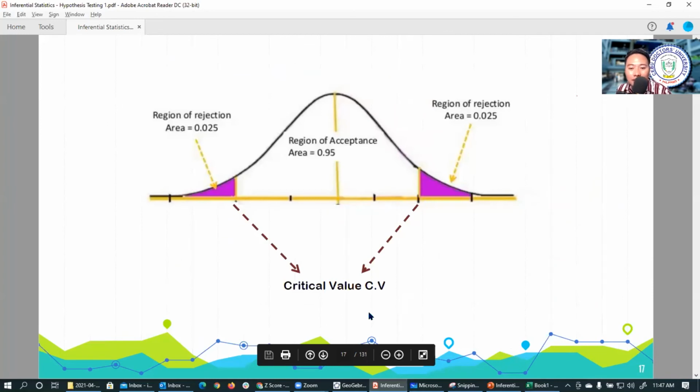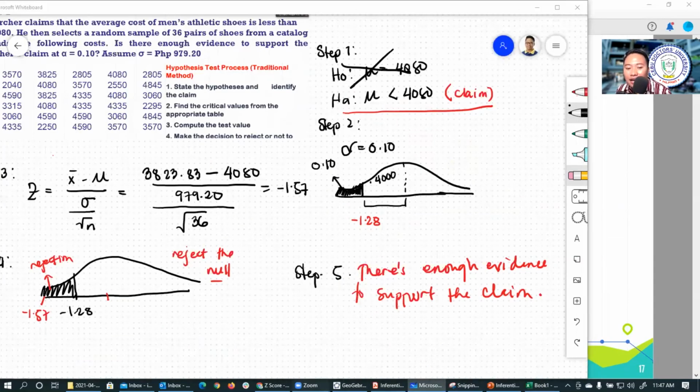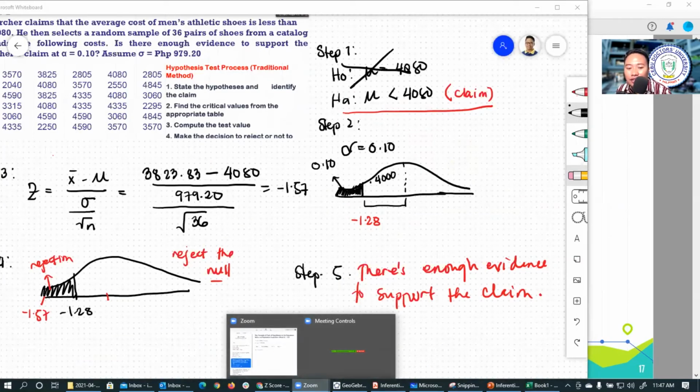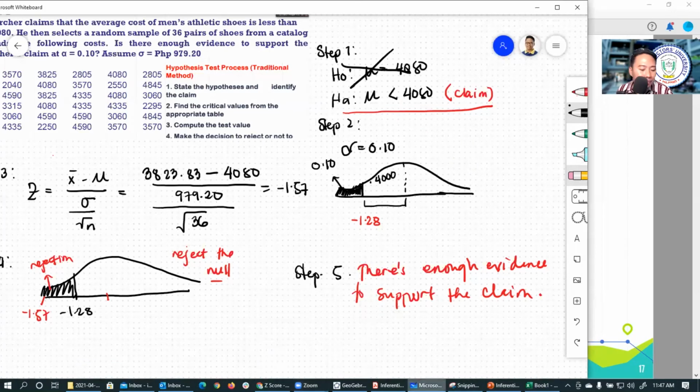Sige, I'm going to leave the screen on the illustration.